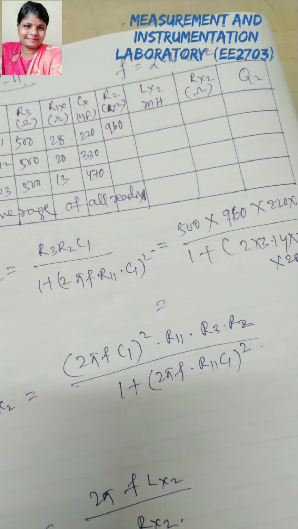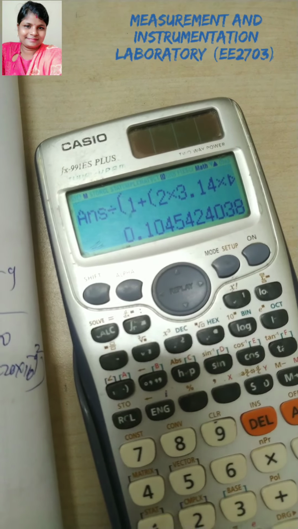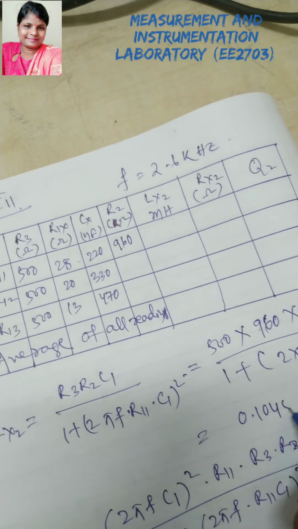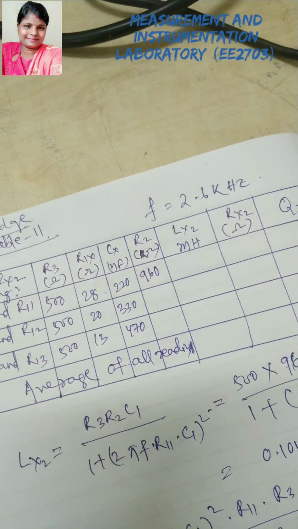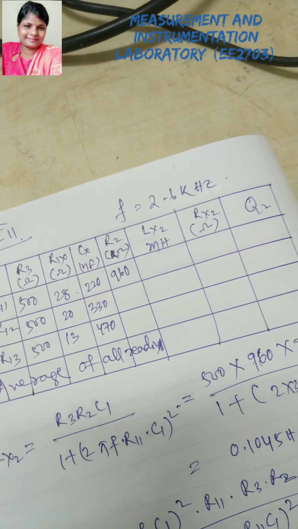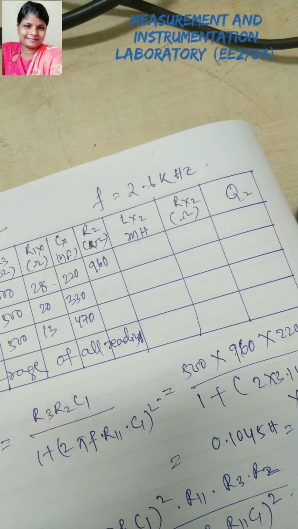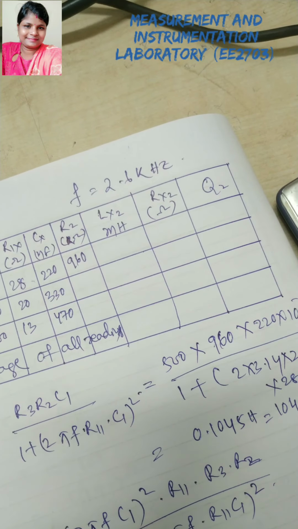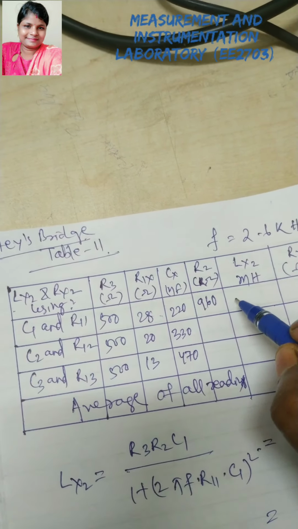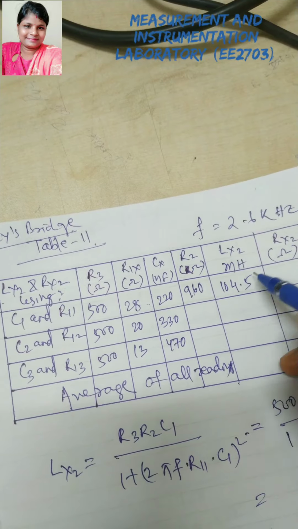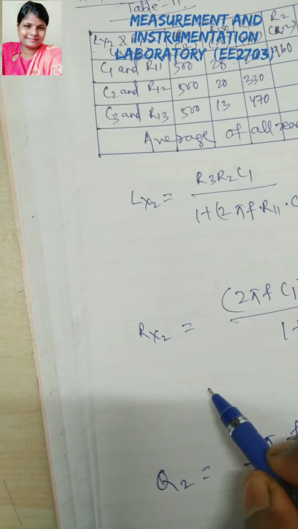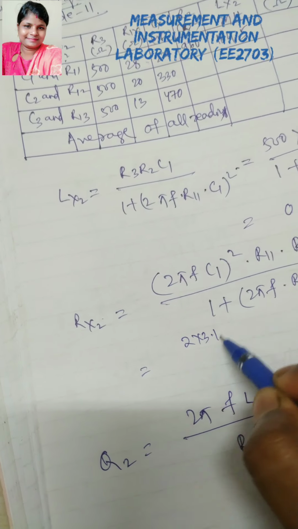So calculate. So equal to 0.1045 Henry, that is 104.5 milli Henry. So write here 104.5.